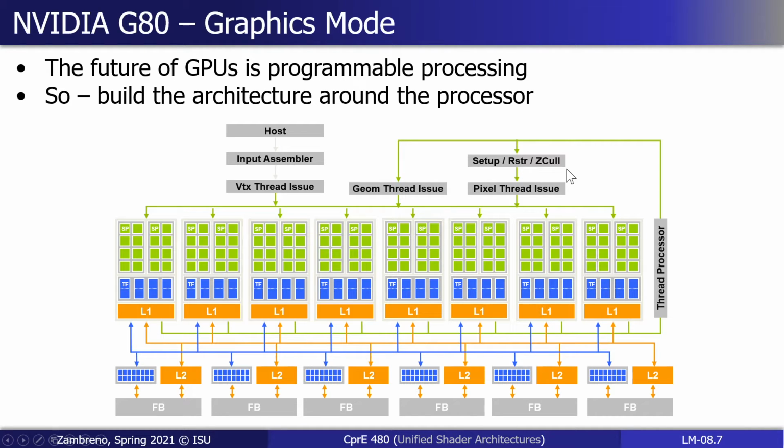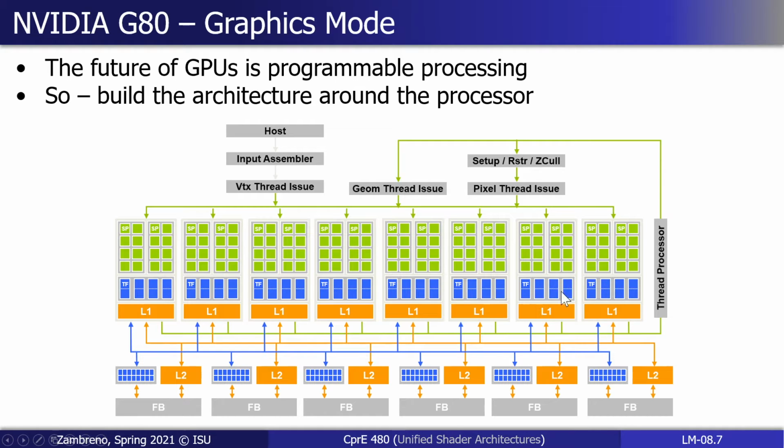Setup, rasterization, that's early Z culling, generate our fragment threads. Now these same exact cores, in fact some of them could still be doing some vertex processing, are sitting there waiting for work. They're waiting for their next thread. From our perspective, it's waiting for that go signal, right? Hey, you have new work to do. Read some data, execute these instructions, spit out an output.